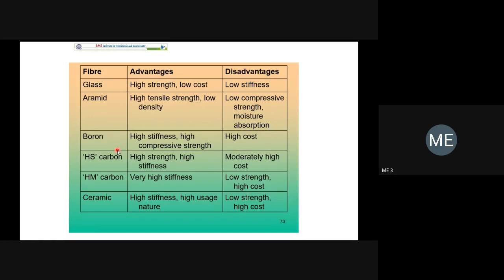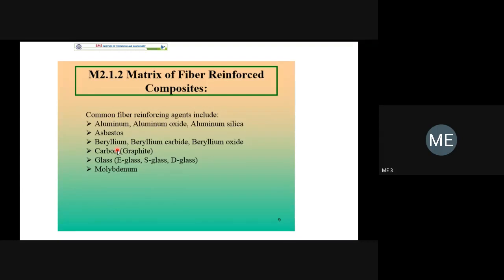And ceramic matrix fiber reinforced composite. Fiber reinforced composite is one more name for polymer matrix composite. Don't get confused; fiber reinforced composites are just another name for polymer matrix composite.